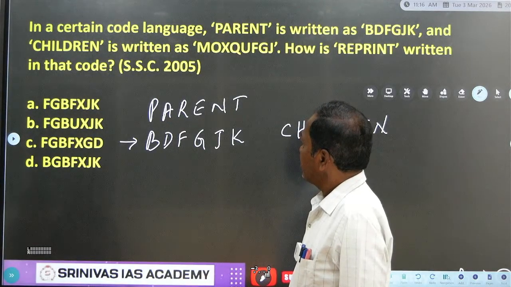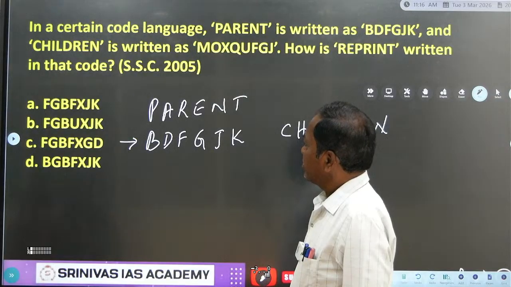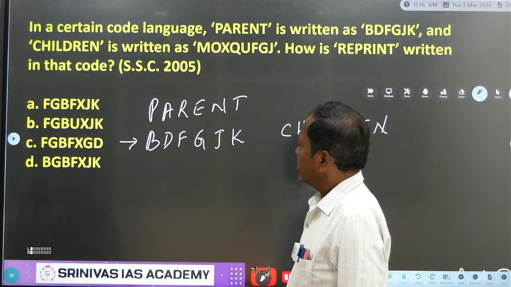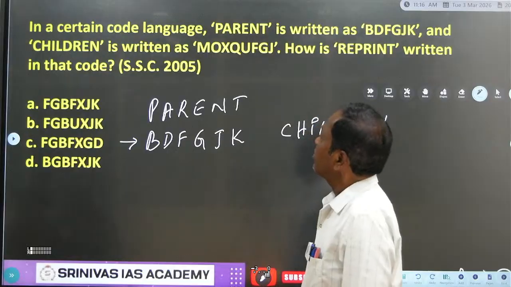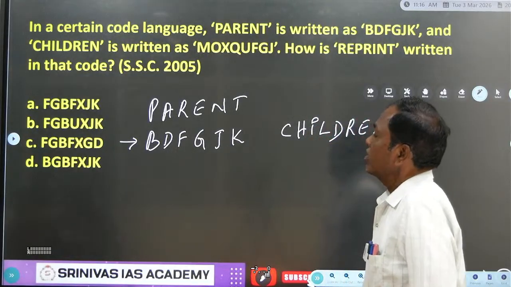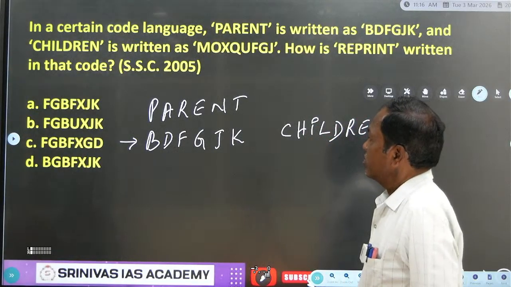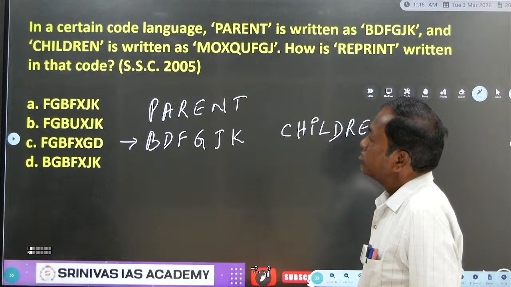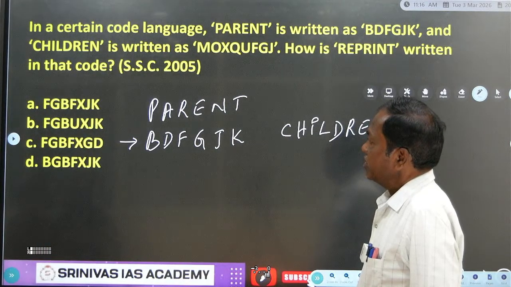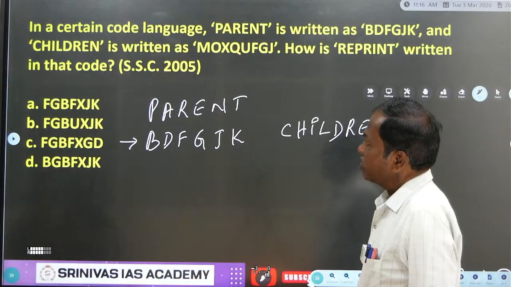EF. FG, C, B, C, D, PB. No, you are not getting what is the cracking method.